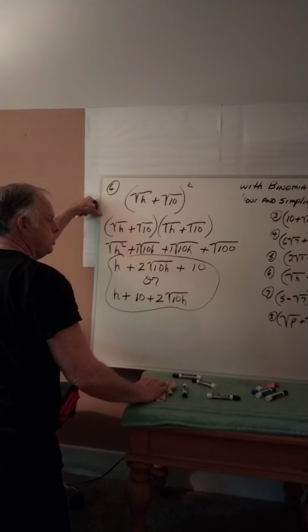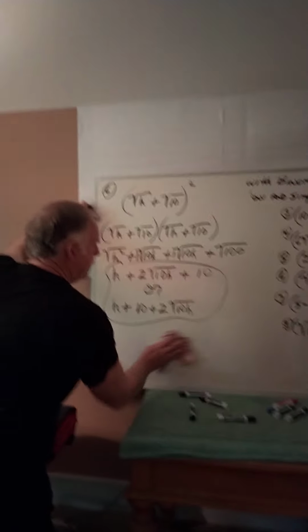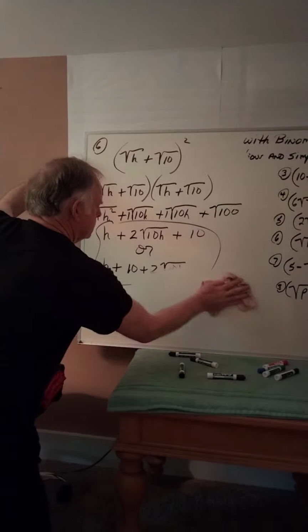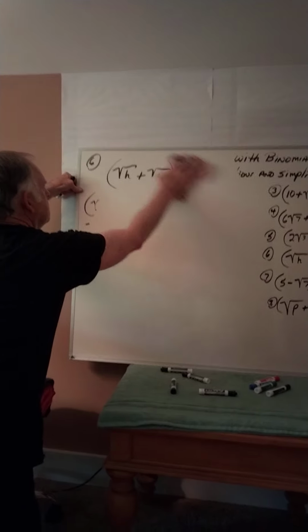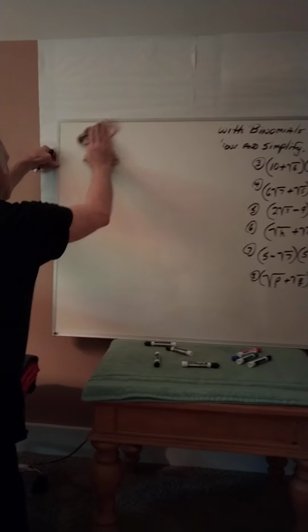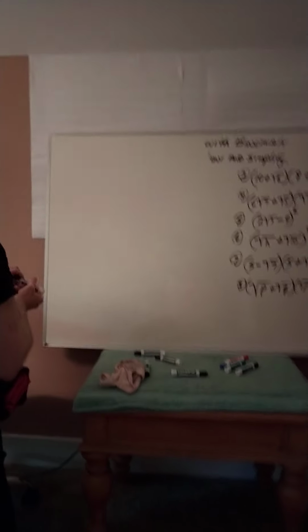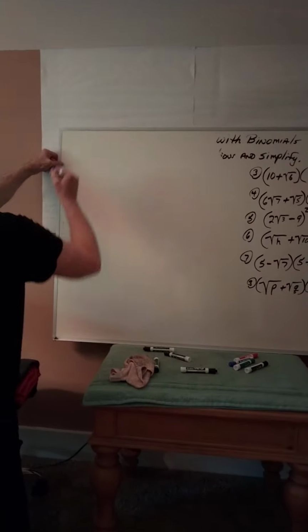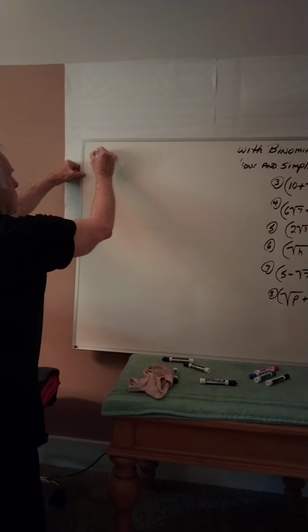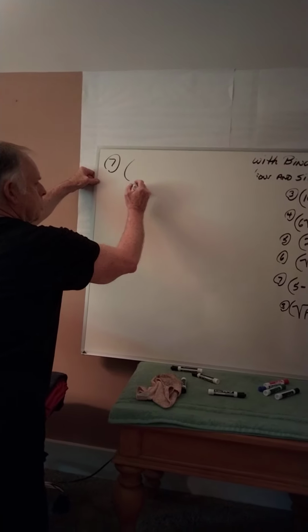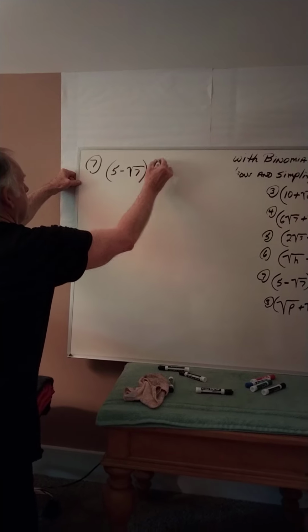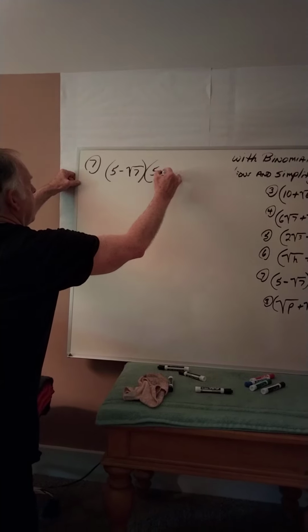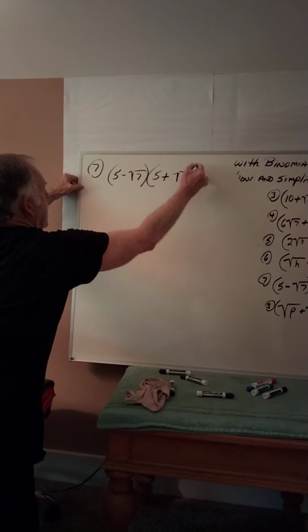And then one last form, and this will take care of 9-4. And it's kind of a key one because it's going to be dealt with in the next section. Number 7. The quantity of 5 minus root 7 times the quantity of 5 plus root 7.